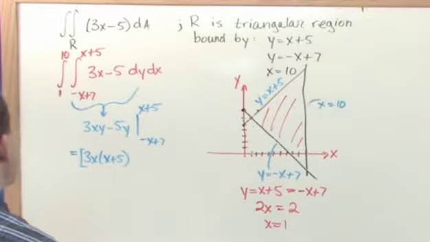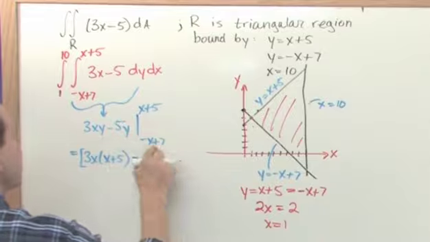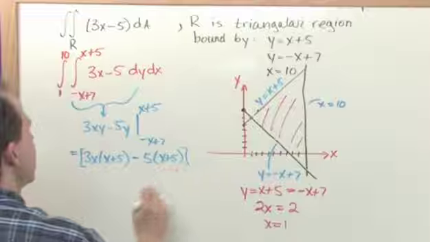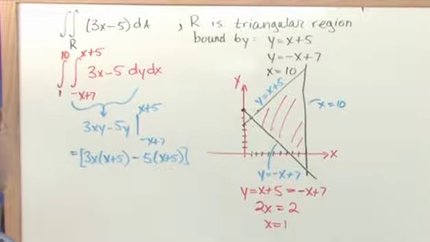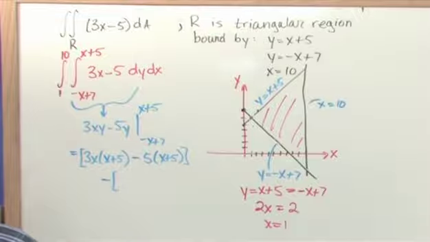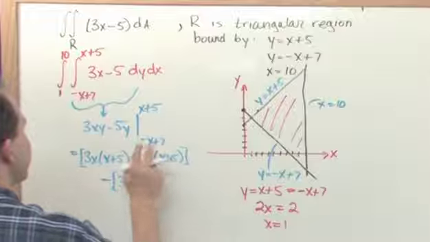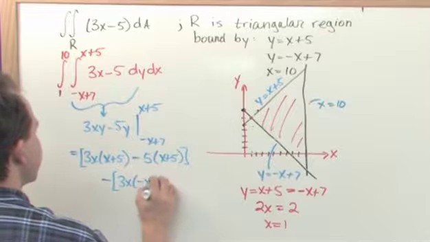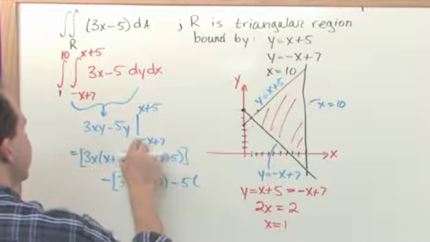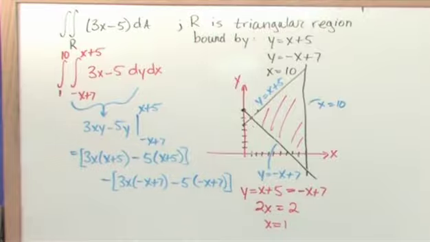And then here I'm going to have minus 5y, and I'm going to plug in x plus 5. So this is evaluating the top limit of integration. Now let me subtract off the bottom limit of integration, which is going to be 3x, plugging in negative x plus 7, minus 5, plugging in negative x plus 7. Okay, so that's what I have here.